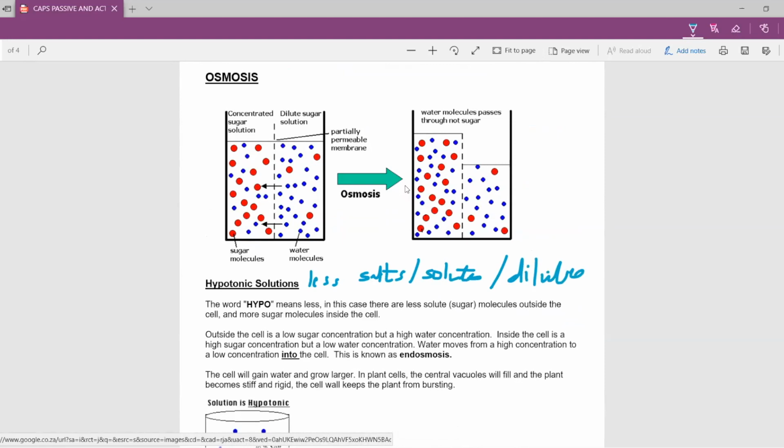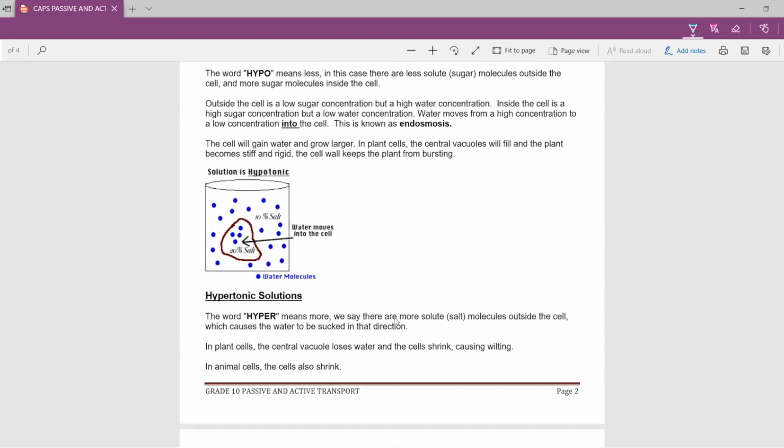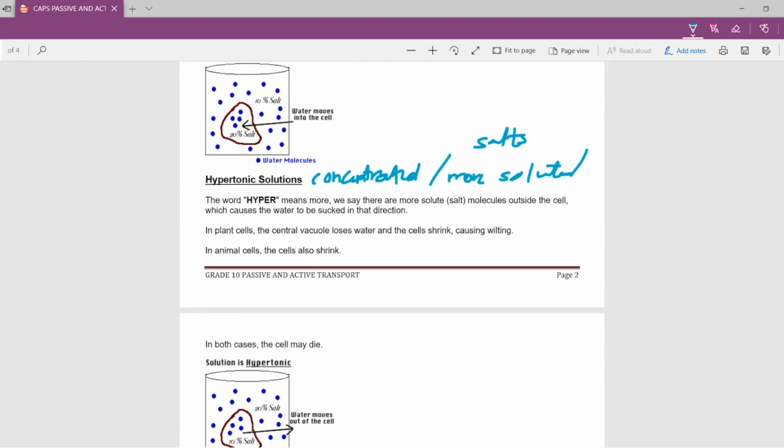So you can use whatever word makes you feel happy. Hypertonic is more concentrated, and there are more solutes or salts. I'd like to explain it with my own explanations that I use.